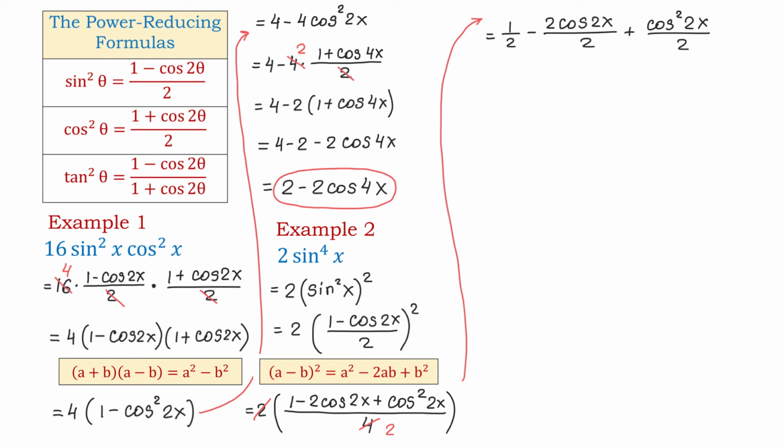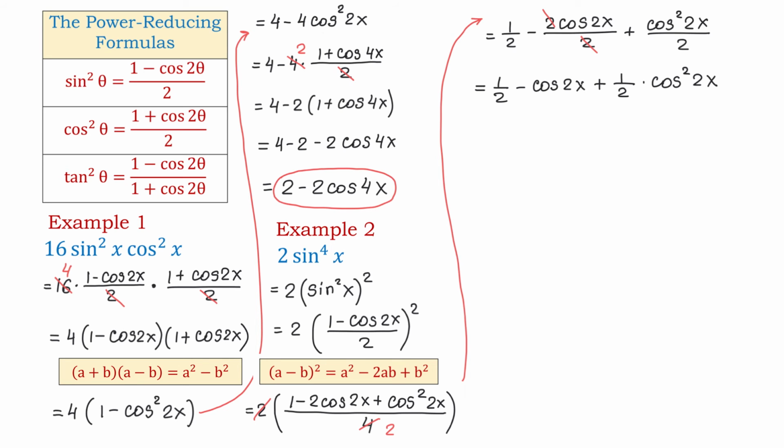In the second fraction, we will cancel 2, and we will rewrite this as 1 over 2 minus cosine of 2x plus, and now I will write the third term as 1/2 times cosine squared of 2x.